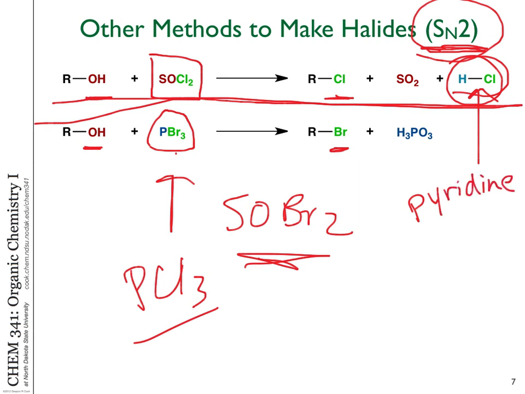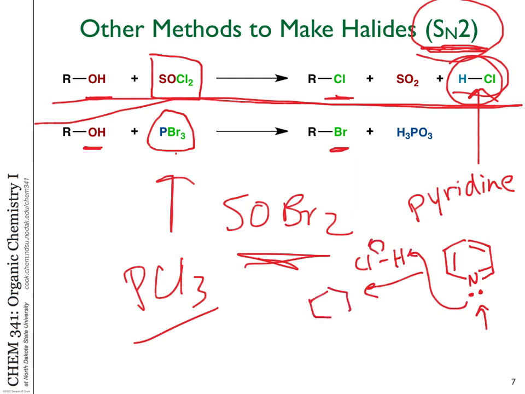The structure of pyridine looks like this. It's a relatively weak base because all it is, this nitrogen lone pair, is able to accept the proton. It reacts with HCl to form a pyridinium salt. This is now a less reactive, or neutralized, form of HCl. Okay.